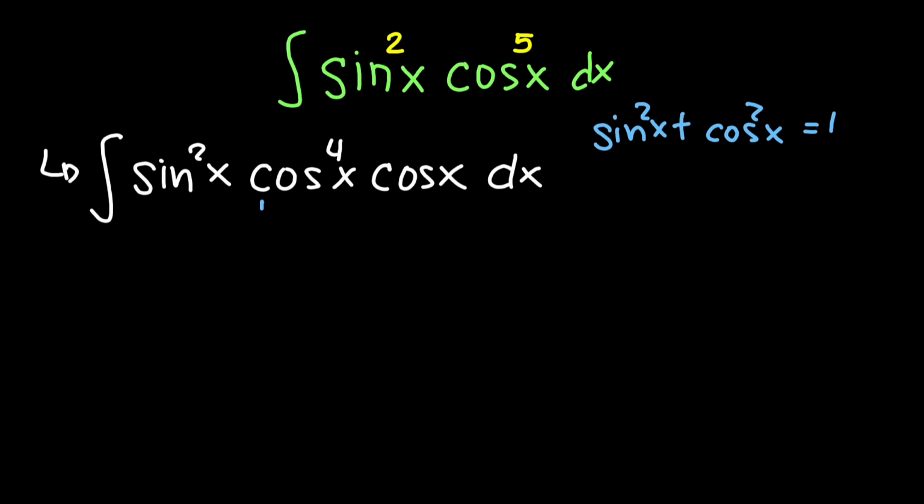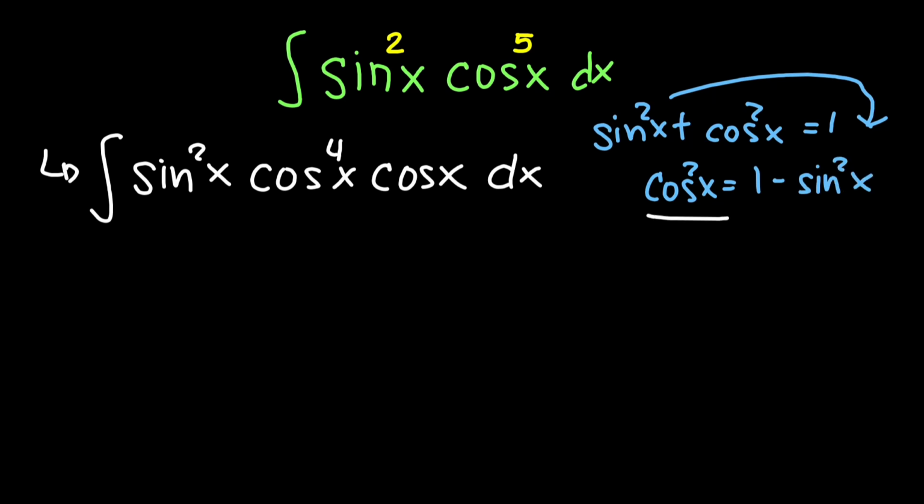Since what we are focusing on here would be cosine, put sine squared of x to the other side, which makes this cosine squared of x equal to 1 minus sine squared of x. Since what we need here is cosine to the power 4 of x, we can rewrite this as cosine squared of x to the power of 2.